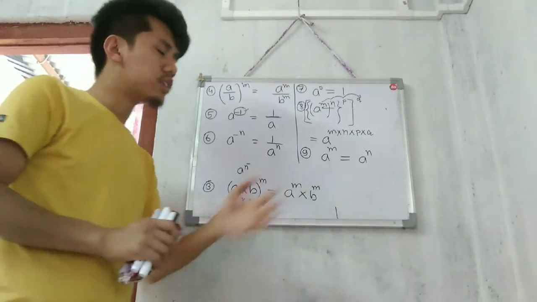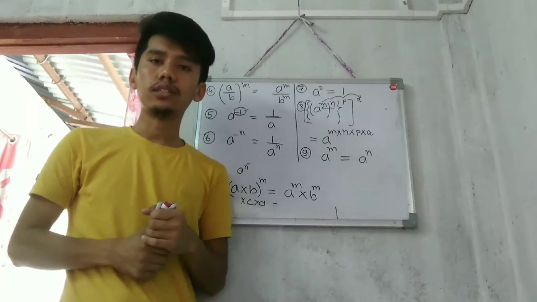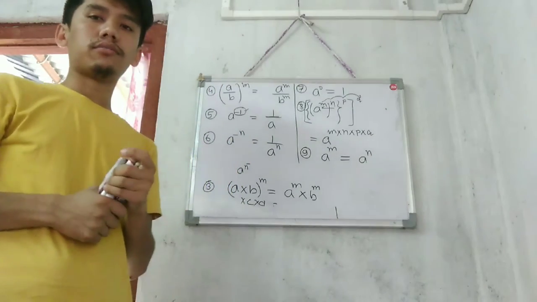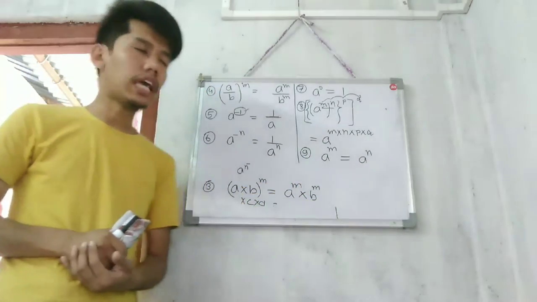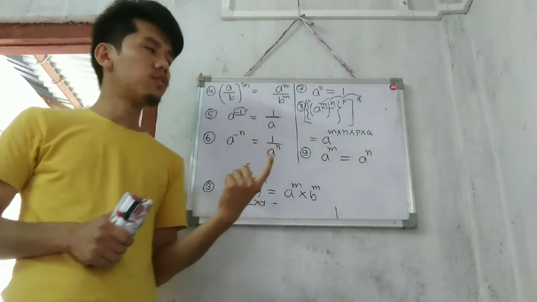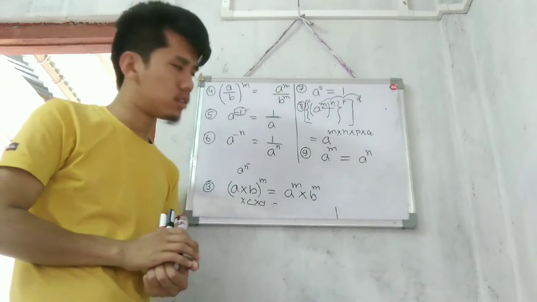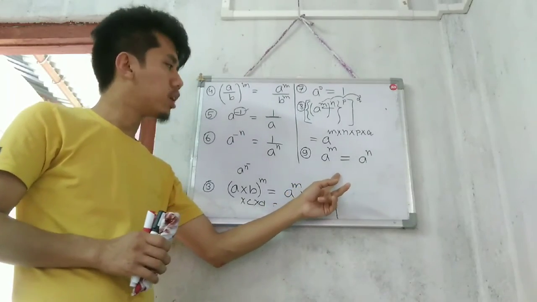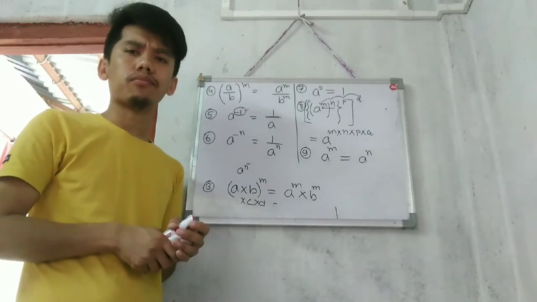Is there any difference compared to formula number 1? Yes, there is a difference. In number 1, we had the same bases with the powers m and n, but in formula number 1, these two bases were in multiplication. In this case, they are equal, they are the same.